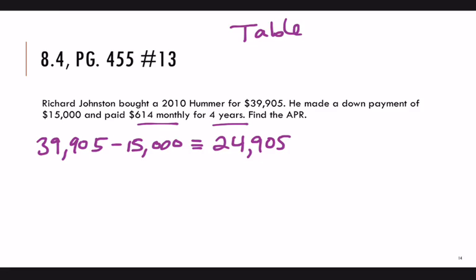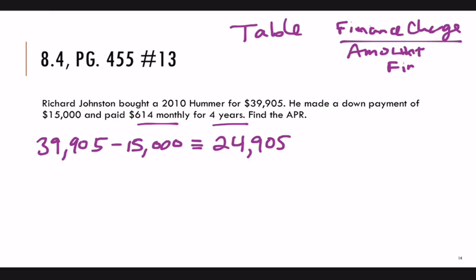Let's see, we need to divide the finance charge. Finance charge divided by amount financed. Then we need to multiply by 100 and then find the number in the table that's closest to that one.